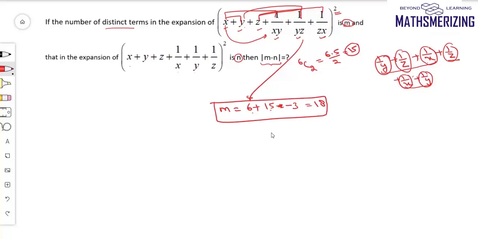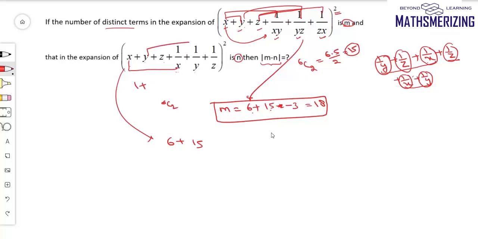Now for the second one also, first if I square them, I'll get x square, y square, z square, 1/x square, 1/y square, 1/z square. So again that should be 6. Now plus, if I consider pairs of variables, again it'll be 6C2, so that should be 15 again. And then when I multiply this x with 1/x, I'll get 1.